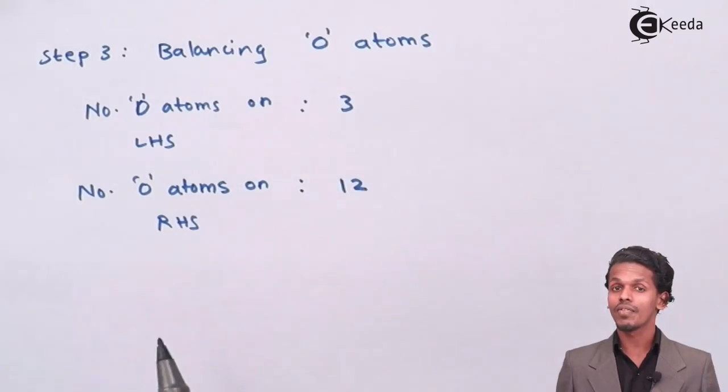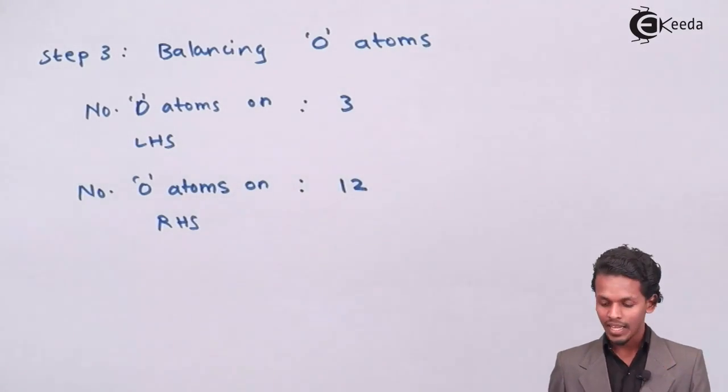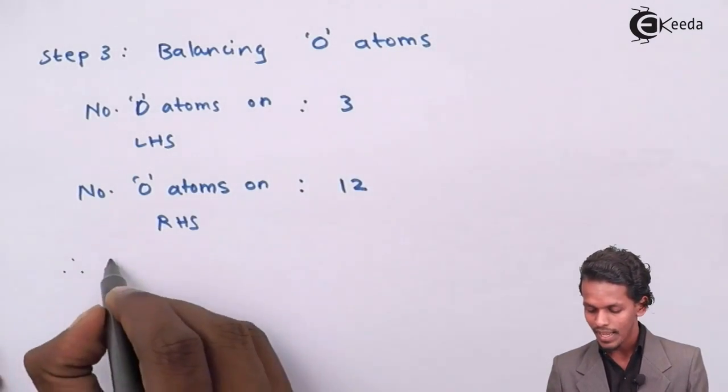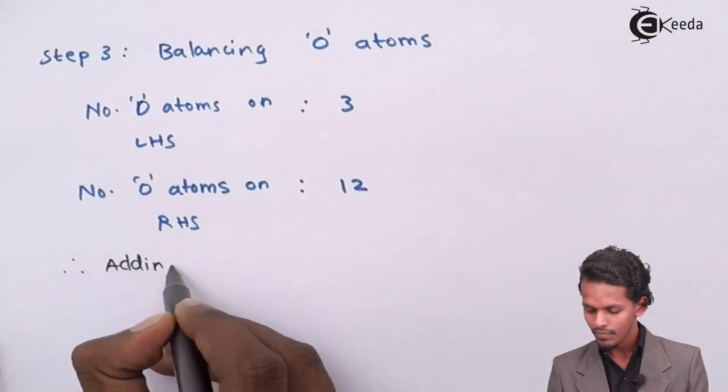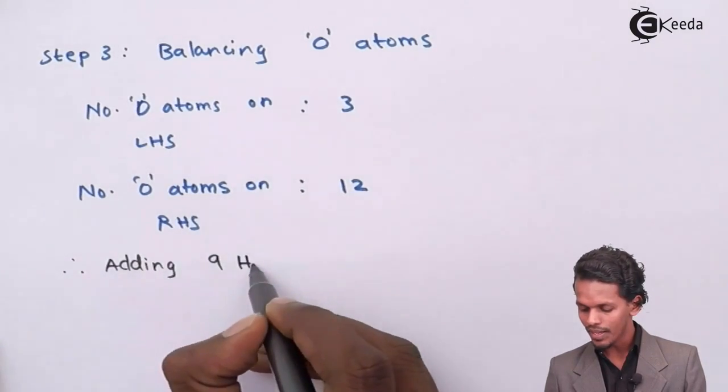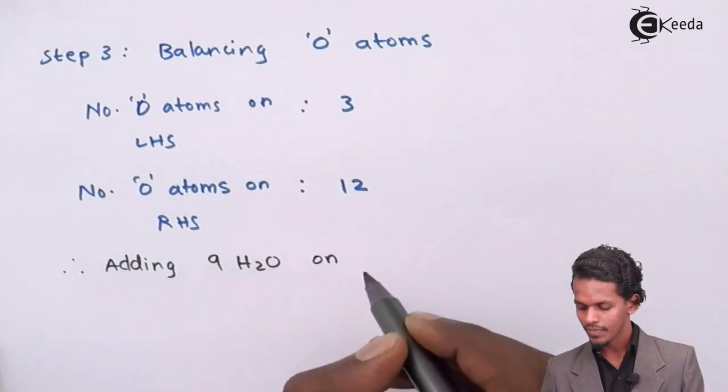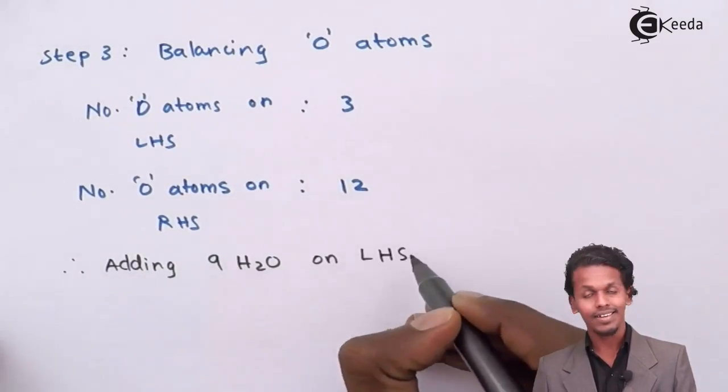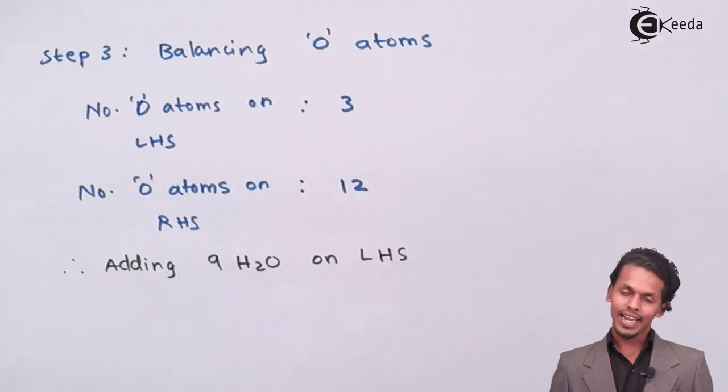So for that I would add 9 moles of H2O on the left hand side, that is the reactant side.